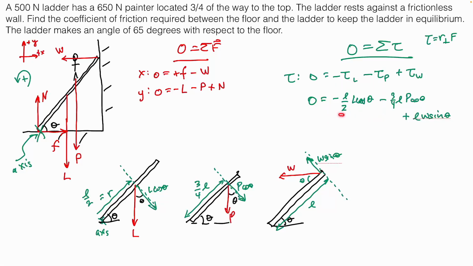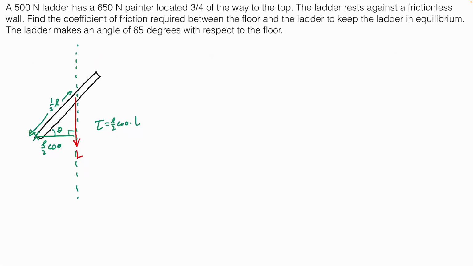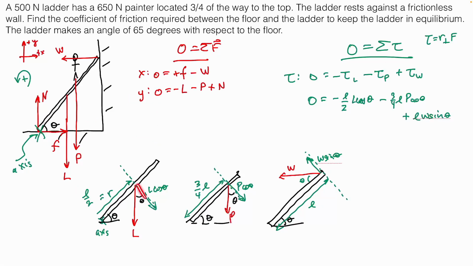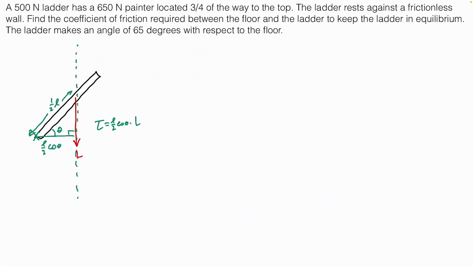But I got the cosine theta, I got the L over 2. It's all sitting right there, and it's exactly the same torque. It's just instead of finding a perpendicular component to the force, I said, okay, leave the force alone, find the perpendicular distance.